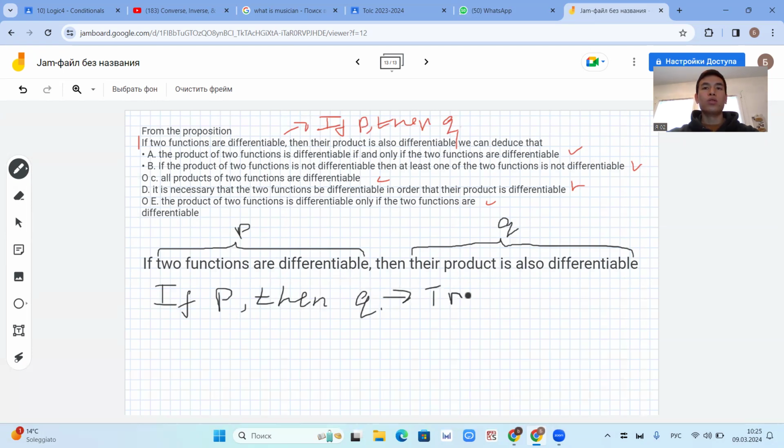We know that this is true, and from our all conditional statements, if the first one is true, then it implies, and you have to check.